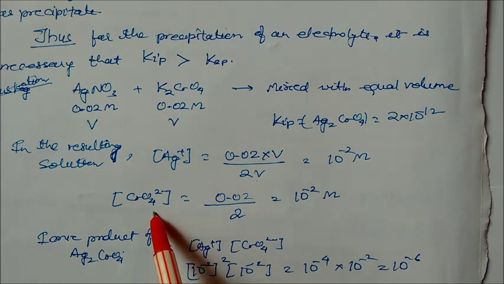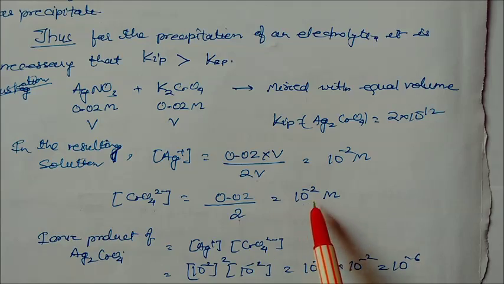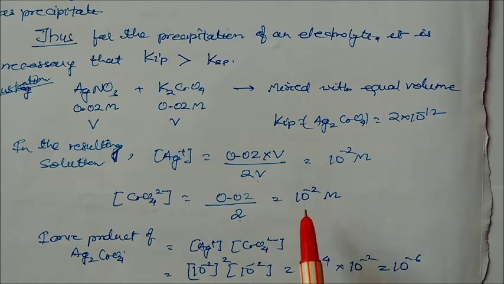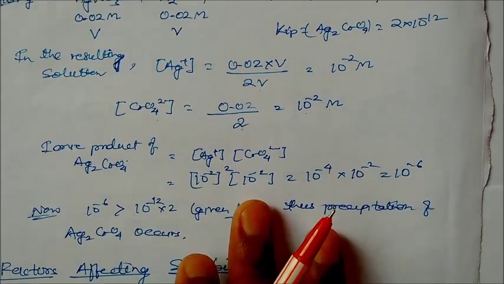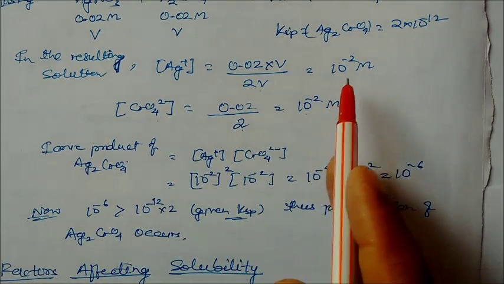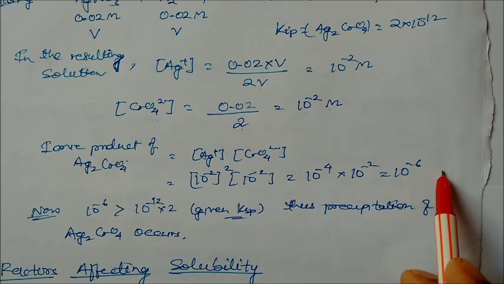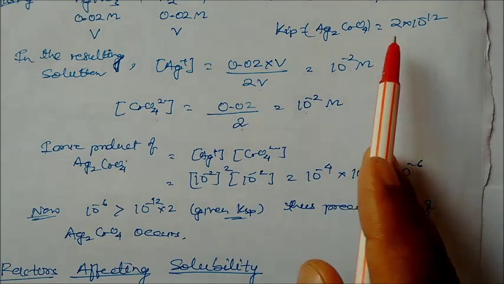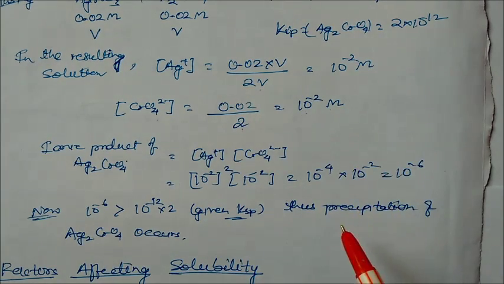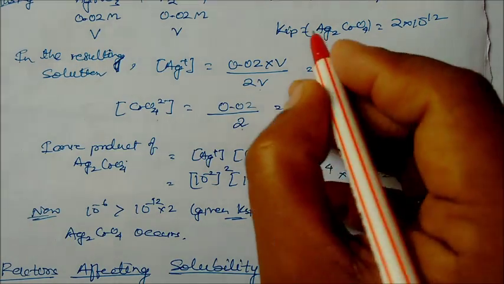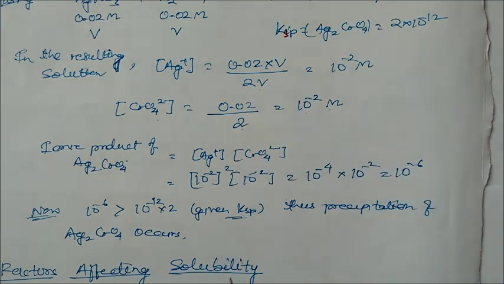Similarly for the chromate, 0.02 by 2, that is 10 to the power minus 2 by 2 molarity. Now take the ionic product. If you take the ionic product, you will get 10 to the power minus 6. Now compare this with the solubility product.